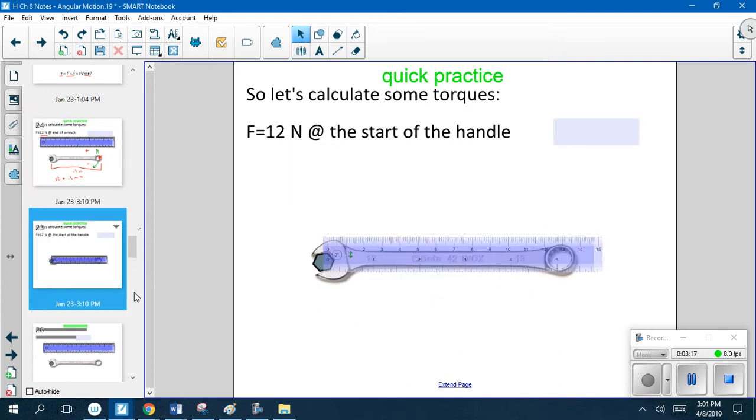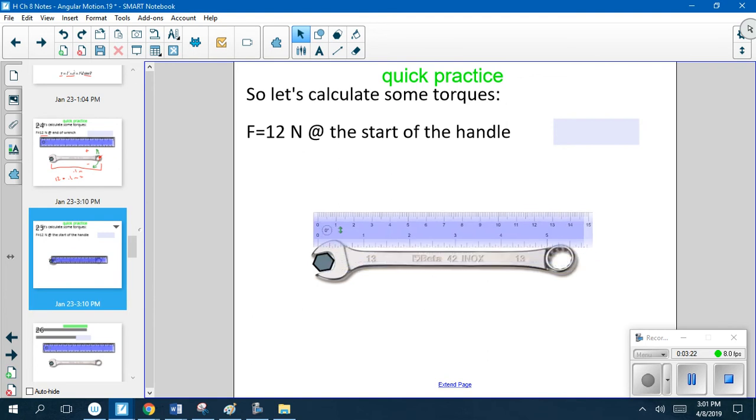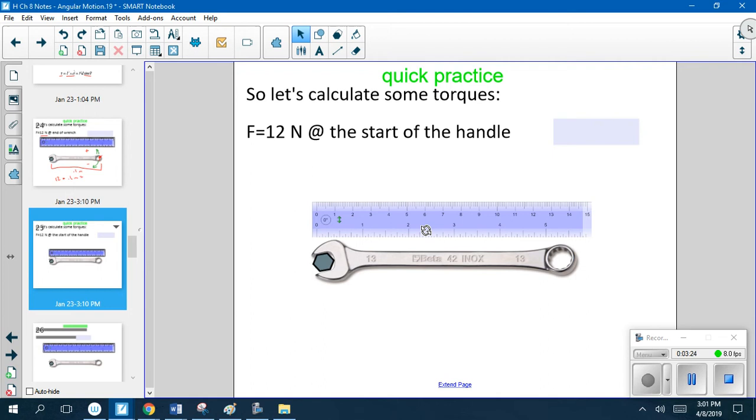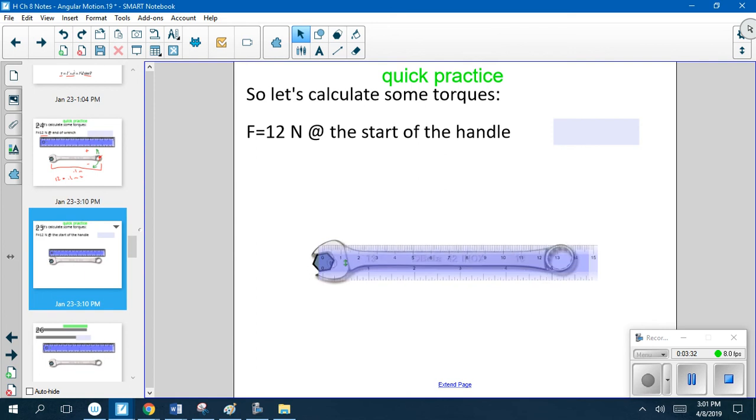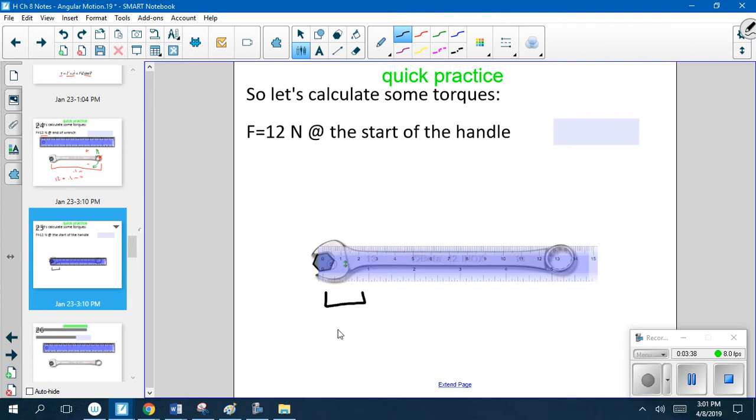Let's try some more. Let's say we apply that 12 newtons, but now, instead of at the end, I'm going to apply it at the very start of the handle. That looks about 2 centimeters, or 0.02 meters.